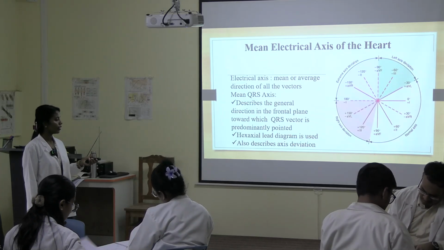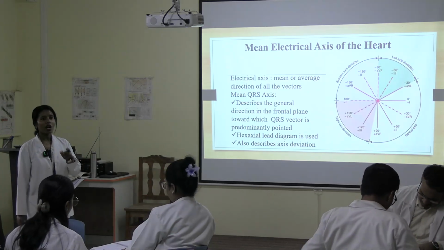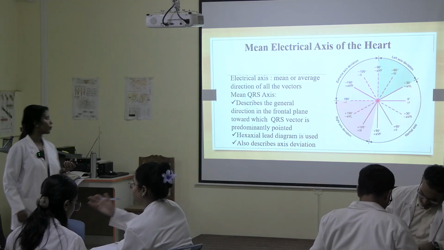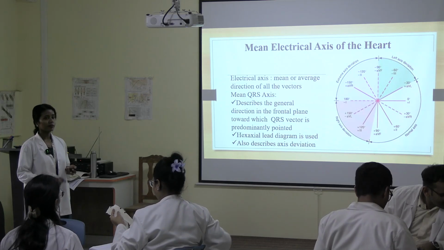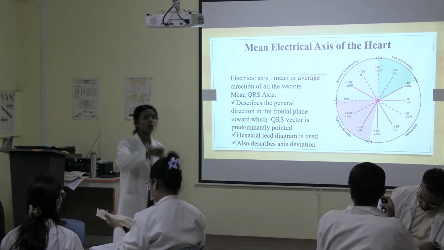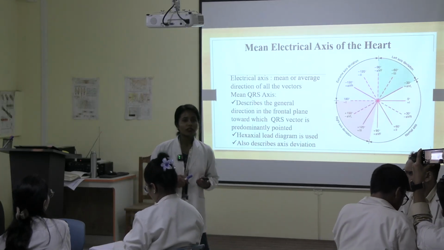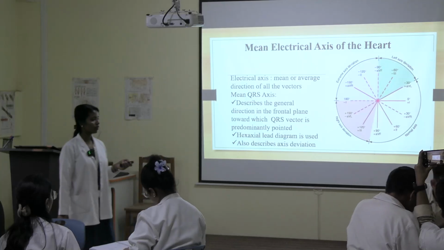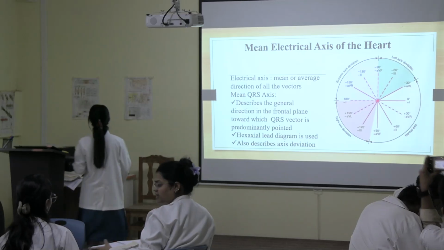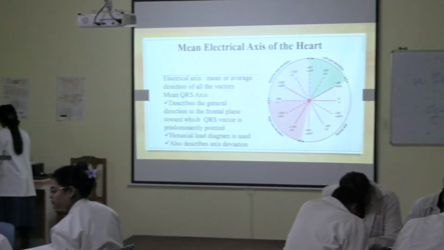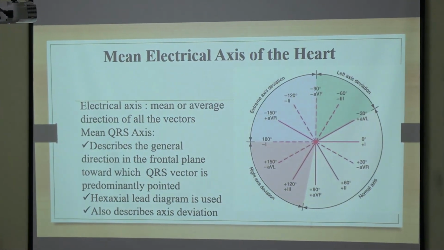Okay, so how are we going to find out? You have to see lead 1, 3 and AVF. So look, how is the arrangement? Is it positive or negative? You can look and find out from here. That is called rough estimation. Then with drawing also you can do. So you look for lead 1, okay? Lead 1, 3.